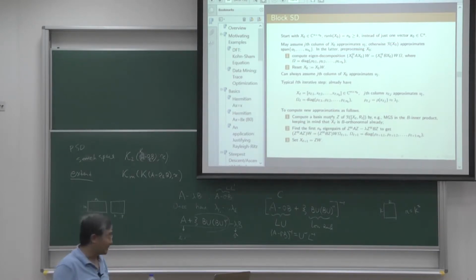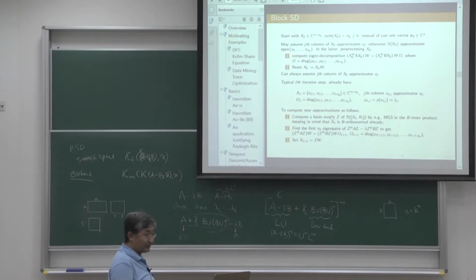We know the eigenvectors together are linearly independent, so it makes no sense to have low rank, where the rank is less than the number of columns. So now we can assume initially the jth column approximates uj, the jth eigenvector.